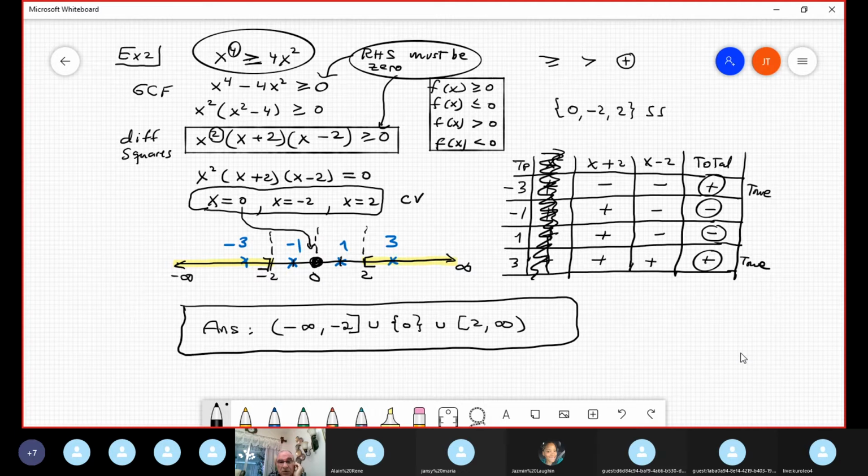Only the negative controls the total sign. And sometimes it happens that the solution is an interval, highlighted in yellow, and one isolated point in the middle. Any question, guys? Any question?